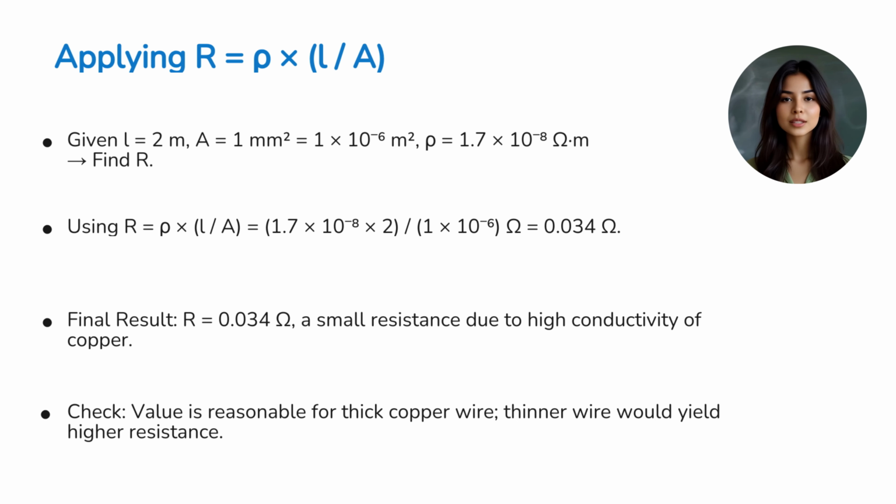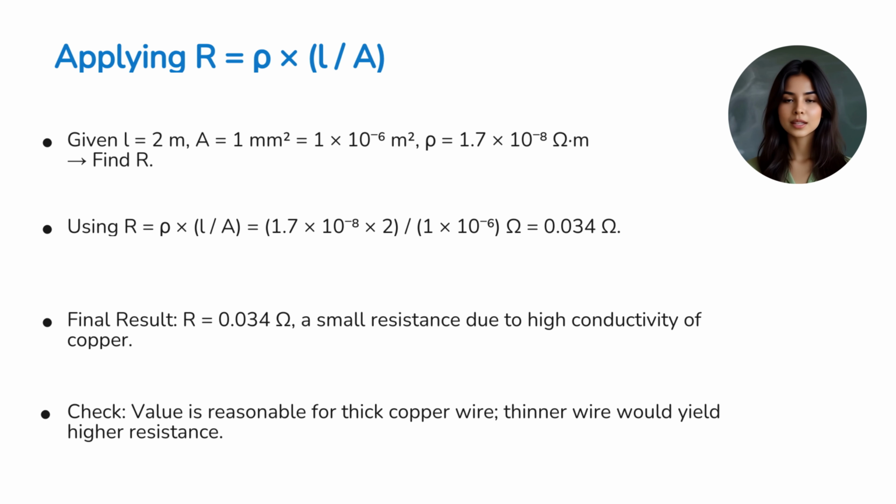Now let's plug in the values. R equals 1.7 times 10 to the power minus 8 multiplied by 2 divided by 1 times 10 to the power minus 6. Let's calculate the numerator. 1.7 times 2 equals 3.4. So we have R equals 3.4 times 10 to the power minus 8 divided by 10 to the power minus 6.